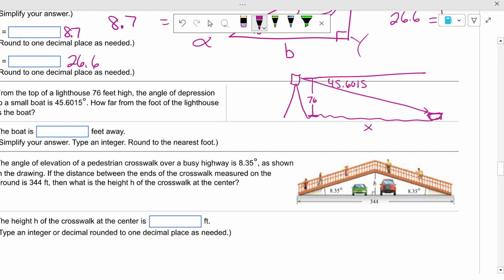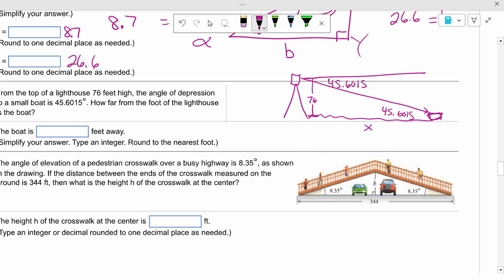Now, if the angle of depression between here and here is 45.6015, what's the angle of elevation here looking up at the lighthouse between here and here? 45.6015. Why? Because these are alternate interior angles. You got a horizontal line and a horizontal line.